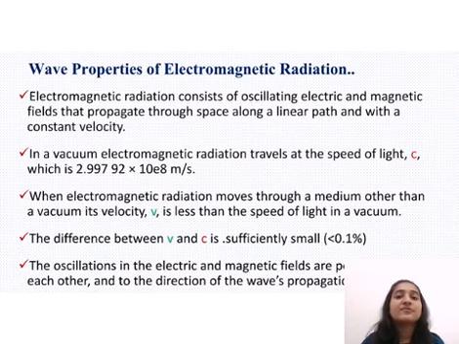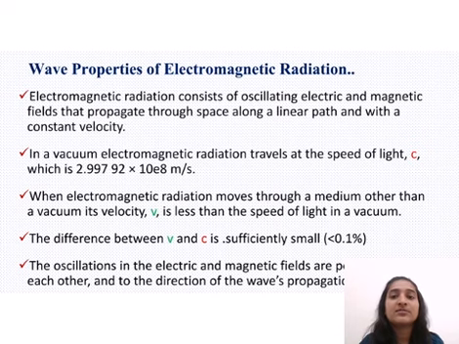Wave properties of electromagnetic radiation. Electromagnetic radiation consists of oscillating electric and magnetic fields that propagate through space along a linear path and with a constant velocity. In vacuum, electromagnetic radiation travels at the speed of light that we represent as c, which is 2.997 x 10^8 meter per second, approximately 3 x 10^8 meter per second.